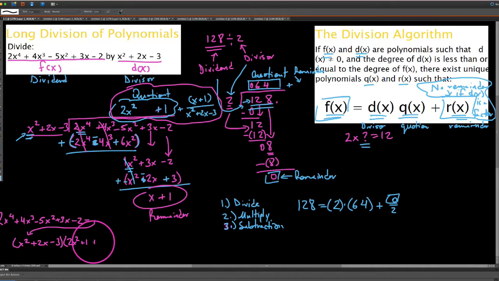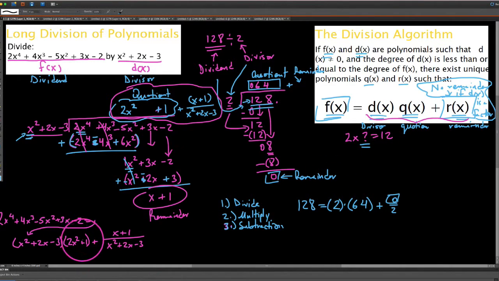And then we would say plus the remainder here on the outside, which in this case is x plus 1, all over the thing that we divided by, which was this x squared plus 2x minus 3. We would get that there.